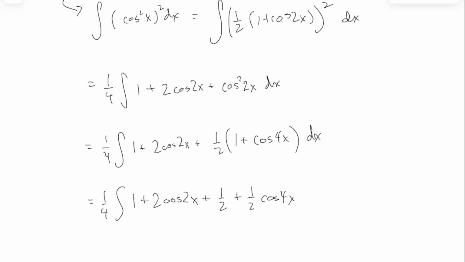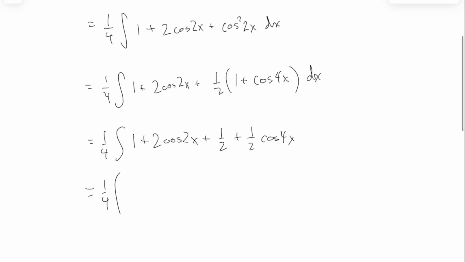Something looks different. I wrote it differently on my paper, but that's fine. So I'm going to say 1/4 out here, and then integrating term by term now. 1 becomes x. 2 cosine 2x is a 2 there, and then sine 2x. Here I'm using this formula that said integral cosine kx is 1/k sine kx.